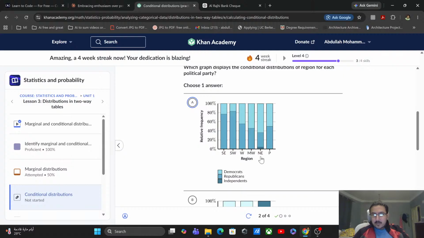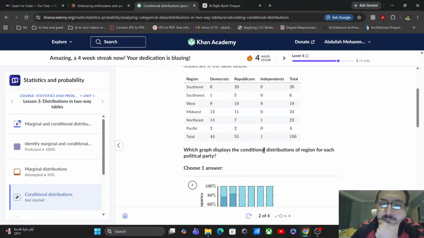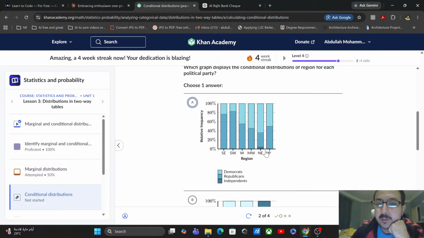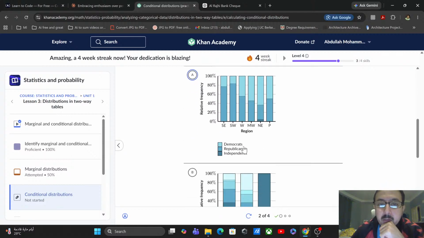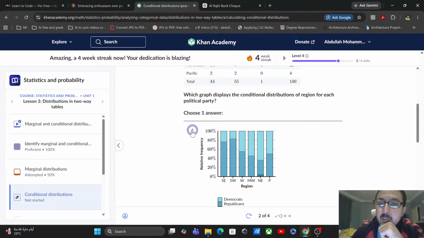Can you see it? Is there a color? Yep. Is the difference here? Independents only here, northeast. Only one, northeast. So I guess it's this one.